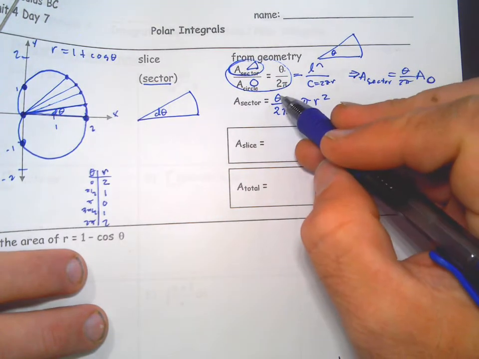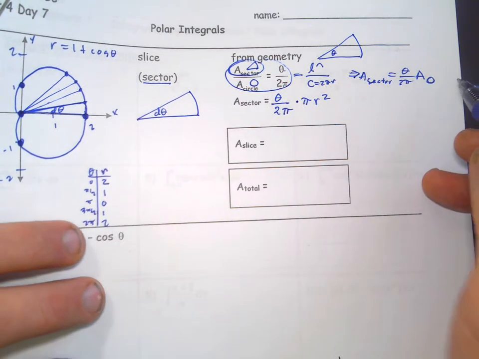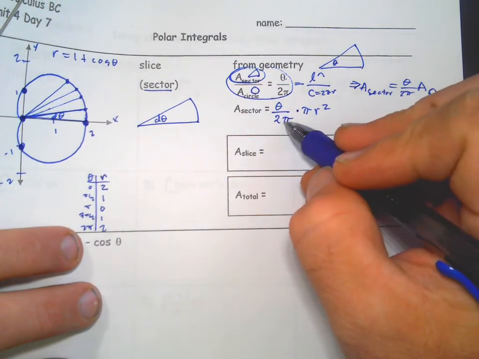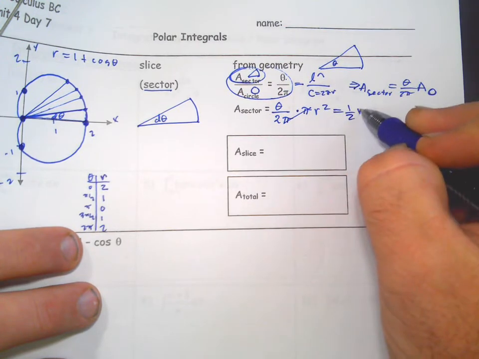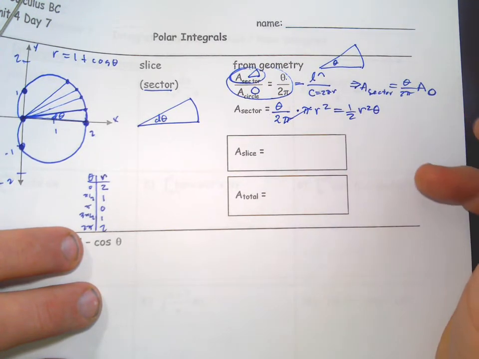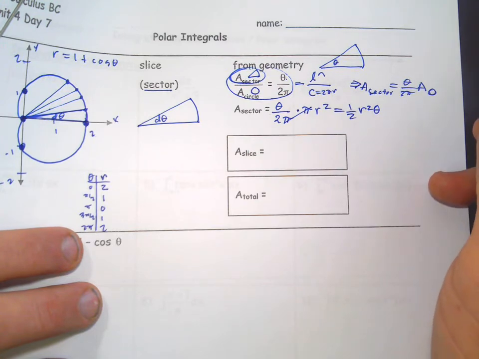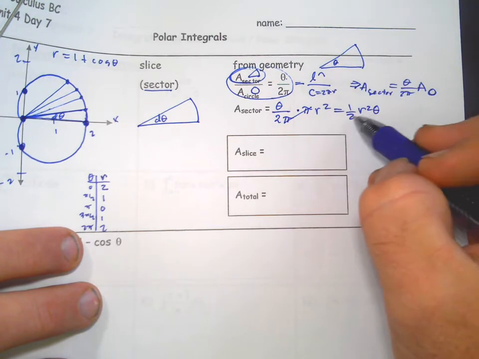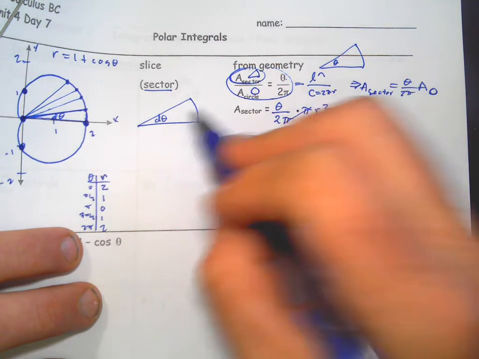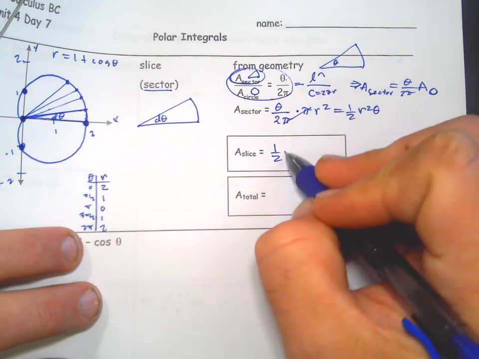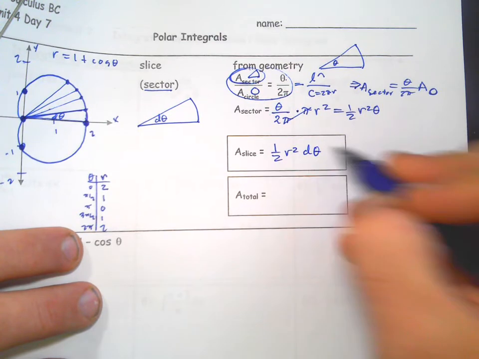Of course, we're using angles in radians, which works out a lot nicer. The pi's cancel, and we get 1/2 r squared theta if we clean things up and move things around. So the area of a single sector is 1/2 r squared theta. So the area of one slice is going to be 1/2 r squared d theta.